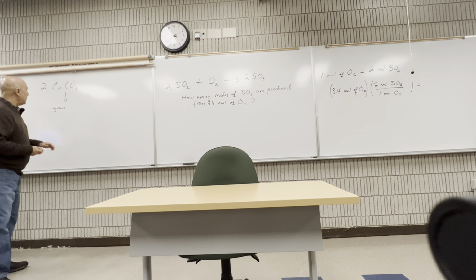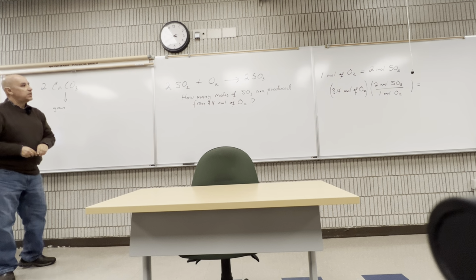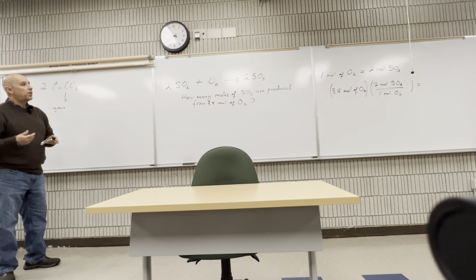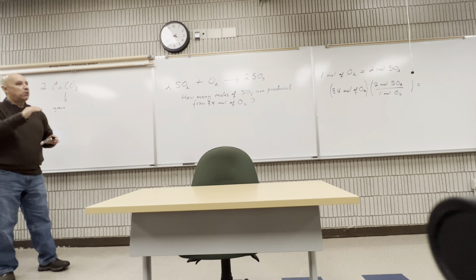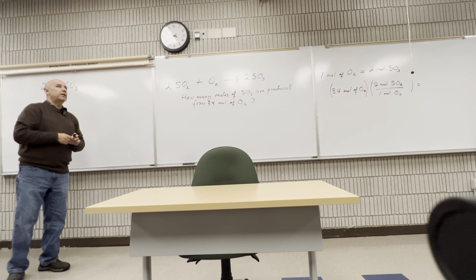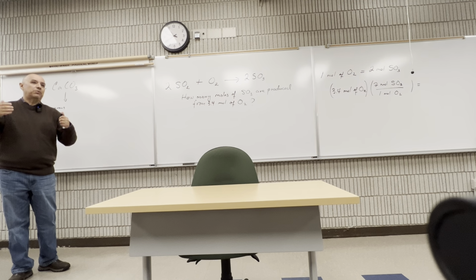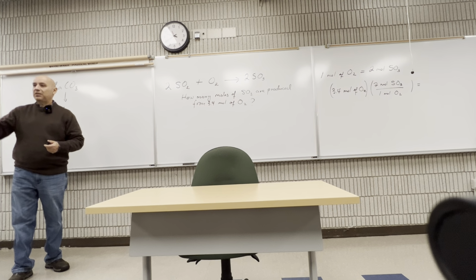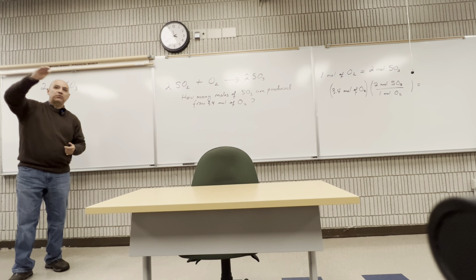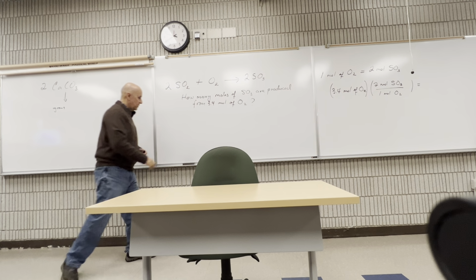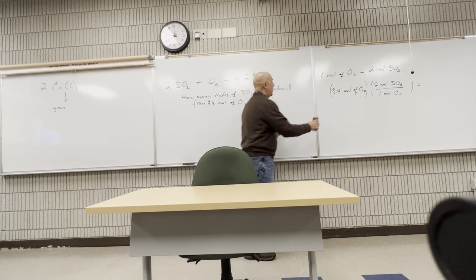Now, when we move forward in this chapter, some of the problems are going to involve multiple steps. And whenever you have a multiple step problem, you have to have multiple step thinking. You need to be thinking in logical progression to get to the answer. So let me see if I can show you what I mean by that.